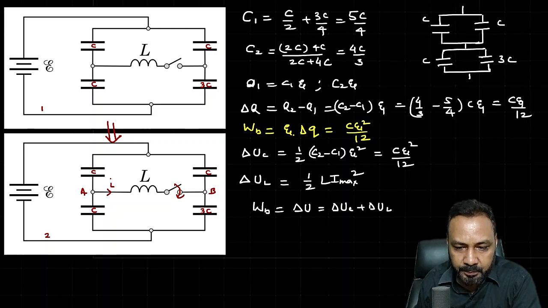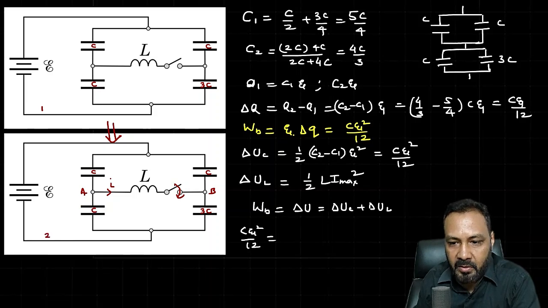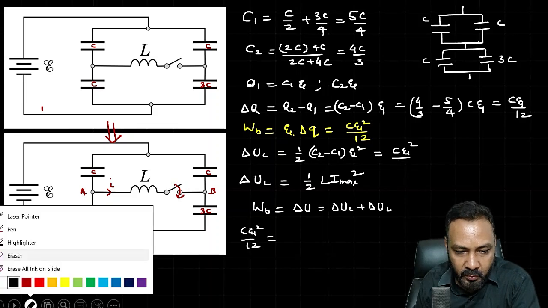So work done by battery we got as CE square by 12. Delta UC, if I calculate correctly, with C2 minus C1 being C by 12 and the factor 1 by 2, will become CE square by 24.